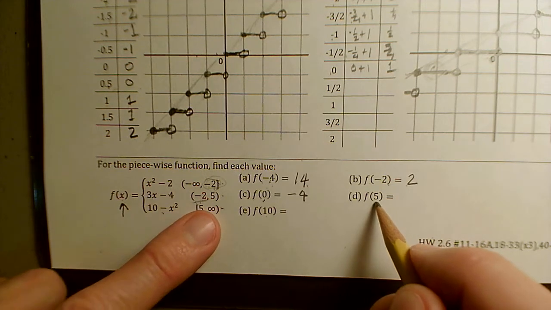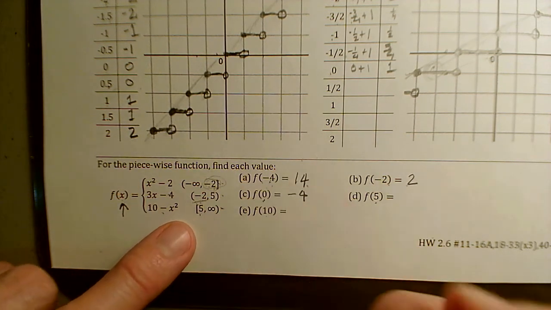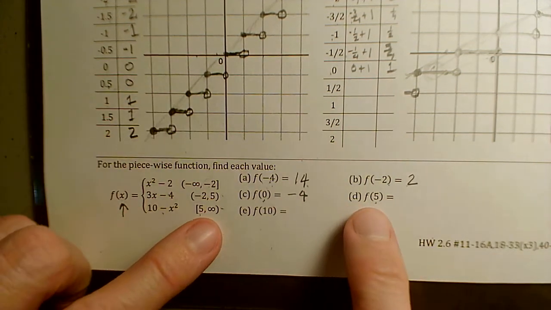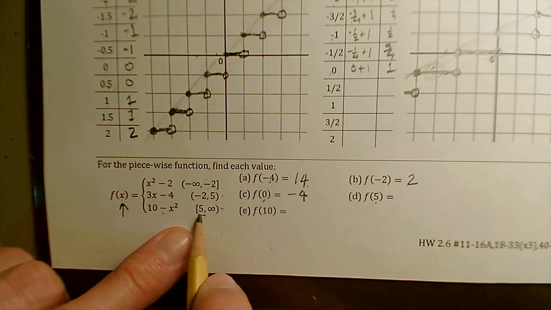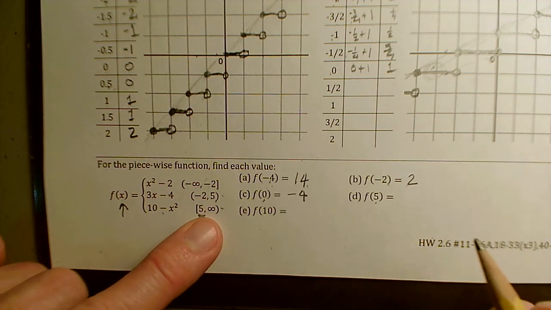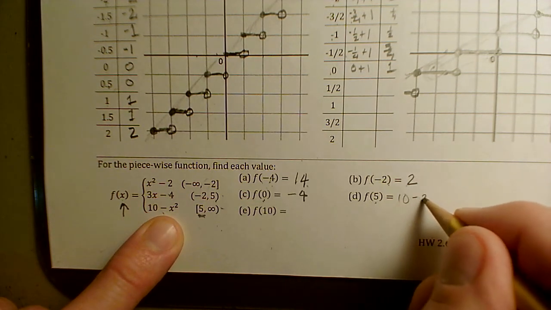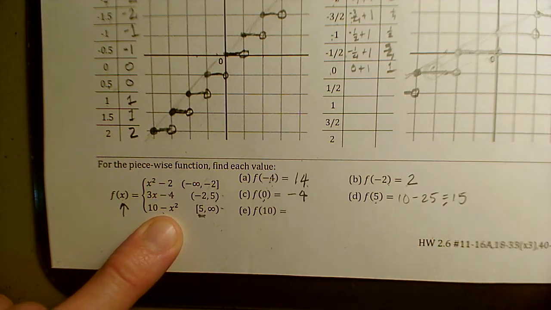All right, and then d, we have 5. So 5, I see it here and I see it here. Which domain portion does 5 fit into? It's this bottom one because it's inclusive of 5 here. It's exclusive of 5 up here. So I'm going to put 5 into this function, and I get 10 minus 25, so -15.